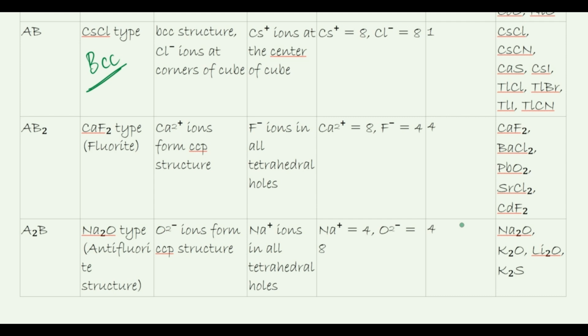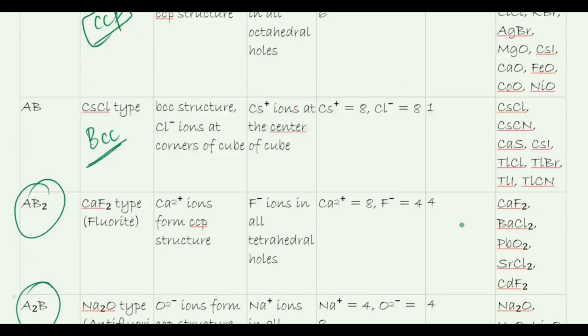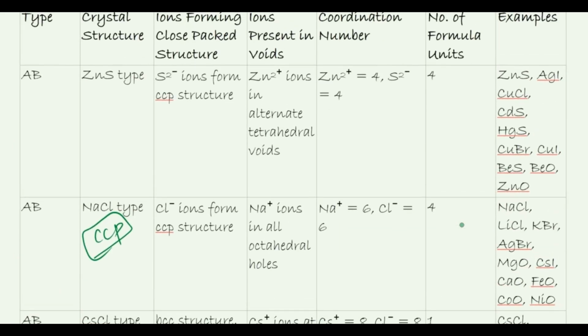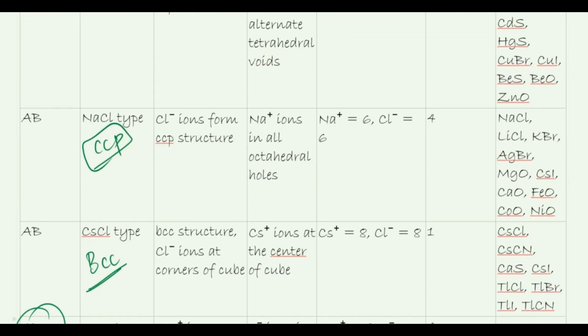These anions occupy the CCP and the cations occupy the tetrahedral holes. Just understand AB2 and A2B type. And also the number of formula units, CCP is 4 and BCC 1.